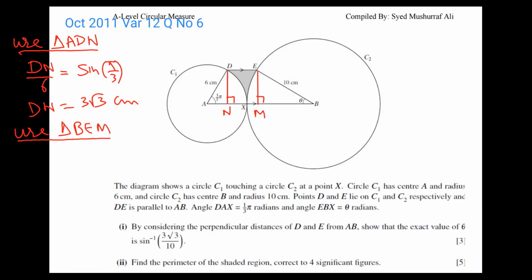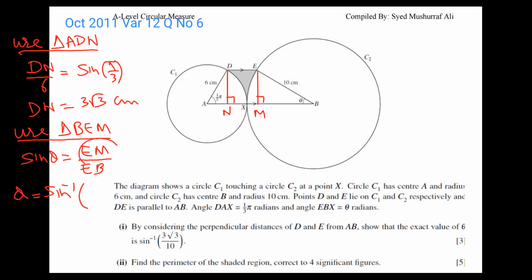I wrote N by mistake, it is M actually. Now, in front of 90 degrees is the hypotenuse, in front of the angle is the opposite. Opposite by hypotenuse, all of you know, is sine theta. So sine theta equals EM by EB, and theta is sine inverse of that.